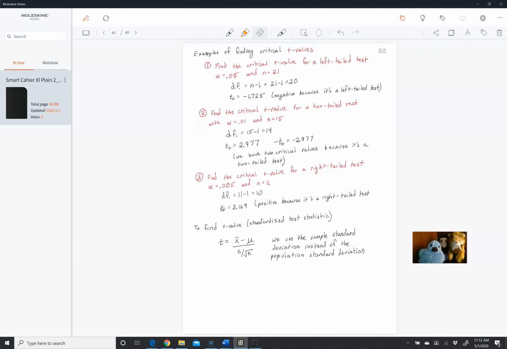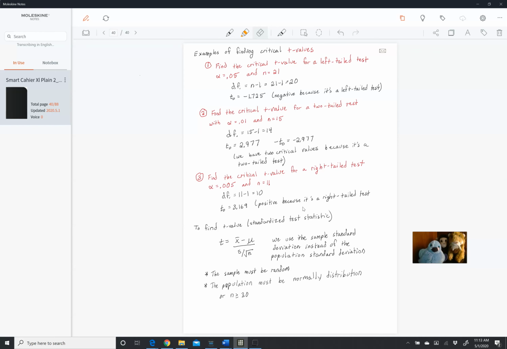And again, the sample must be random. And the population must be normally distributed, or n has to be greater than or equal to 30.